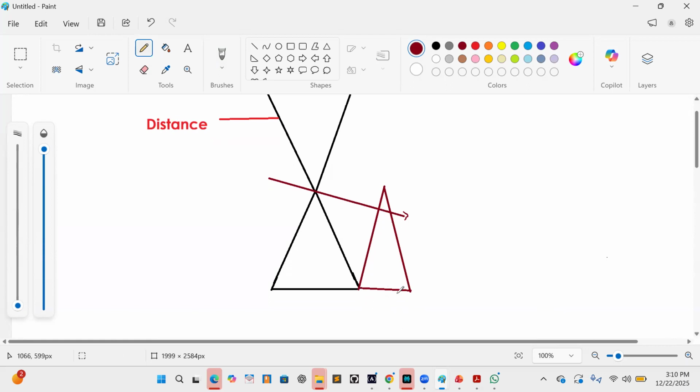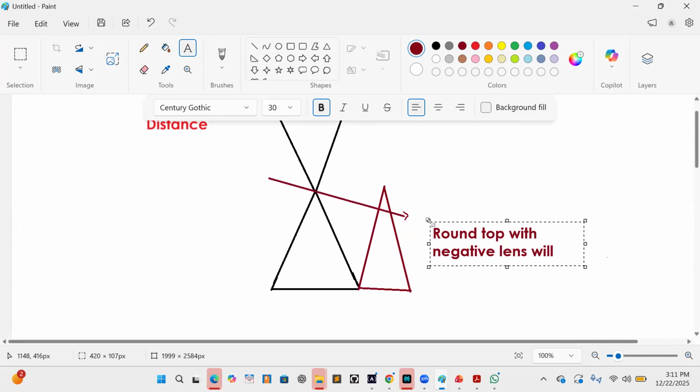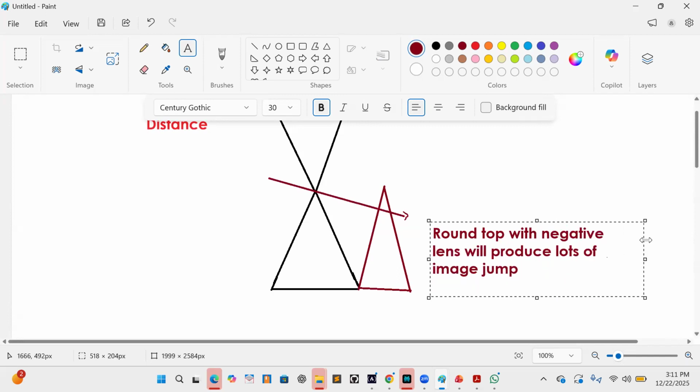So you are moving far away from the optical center when you look down. And so if you use a round top with a negative lens, there's going to be a lot of image jump. So that's why you won't want to use a round top with a negative lens.